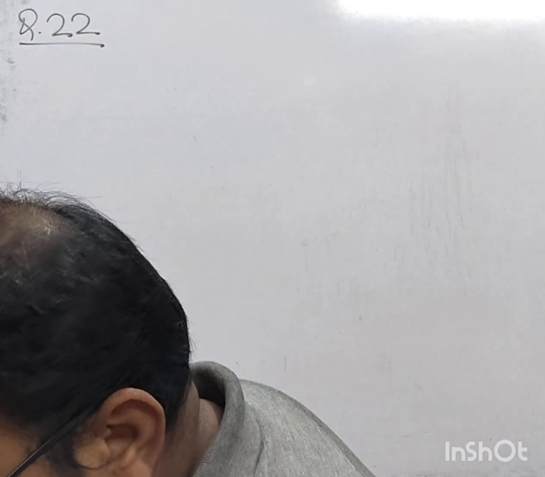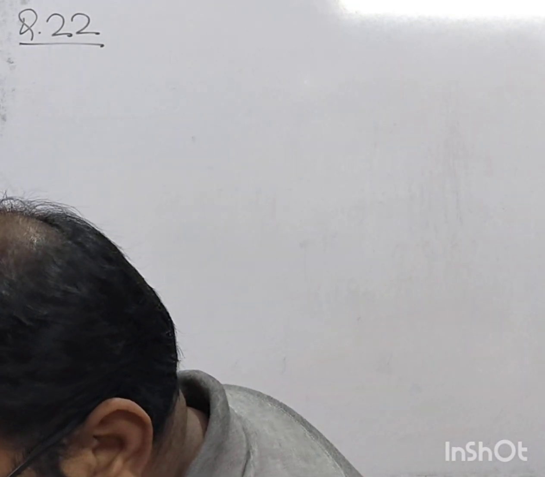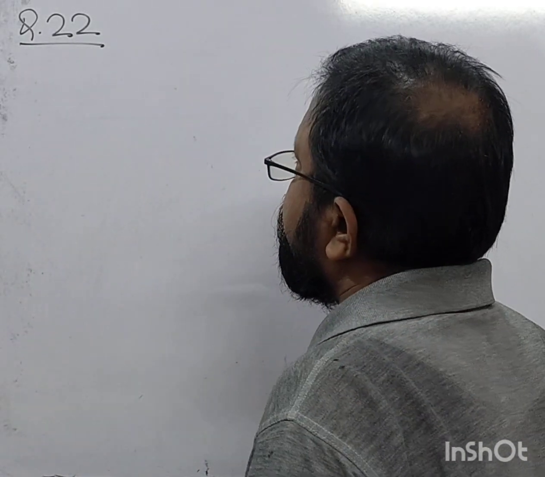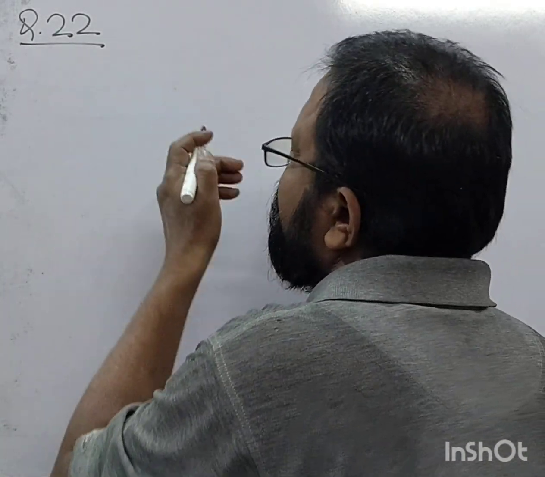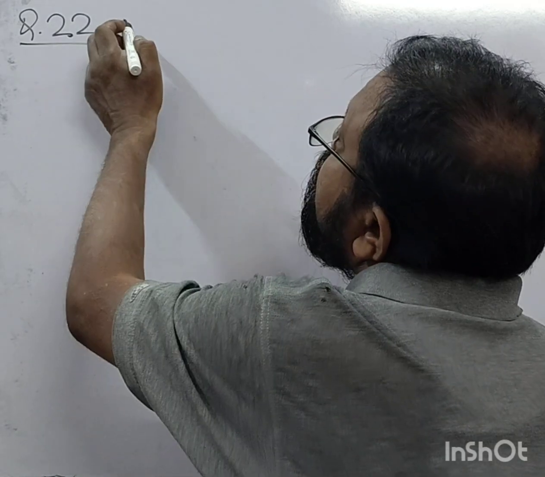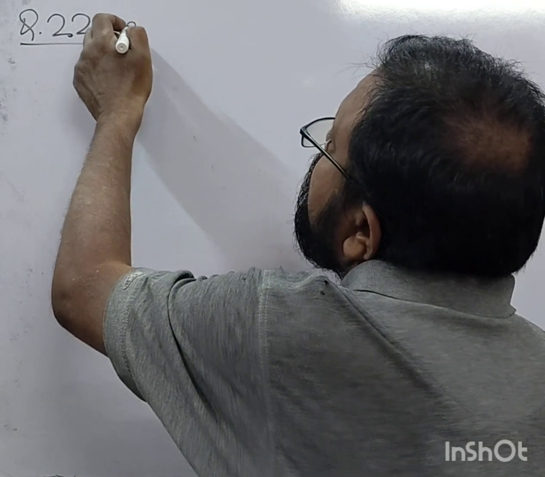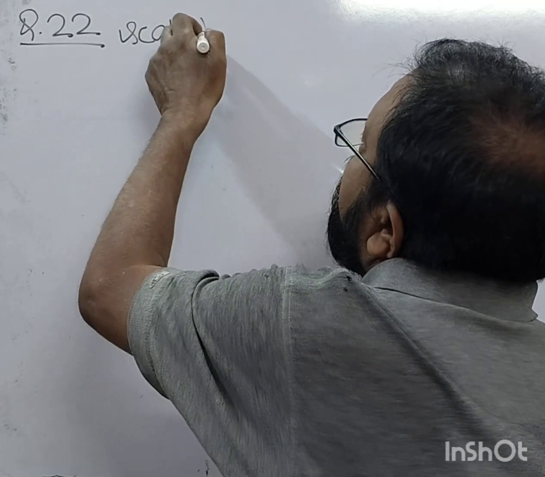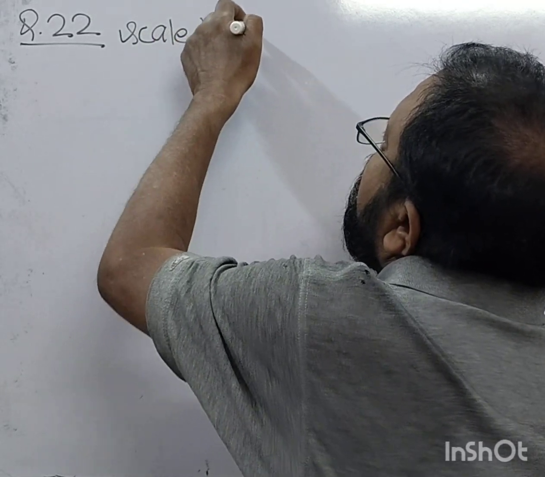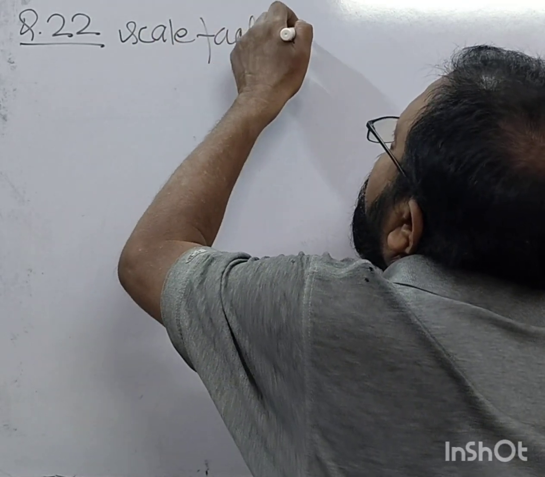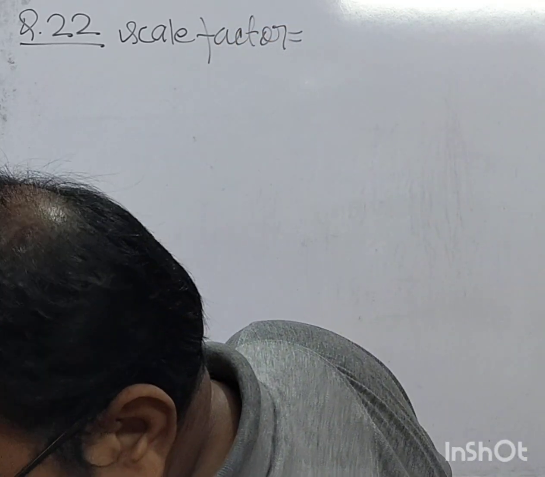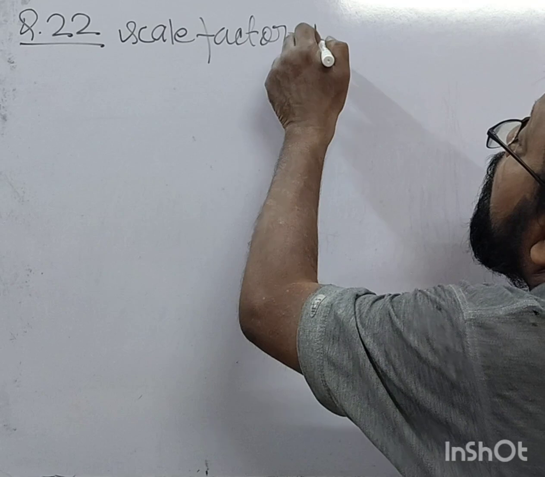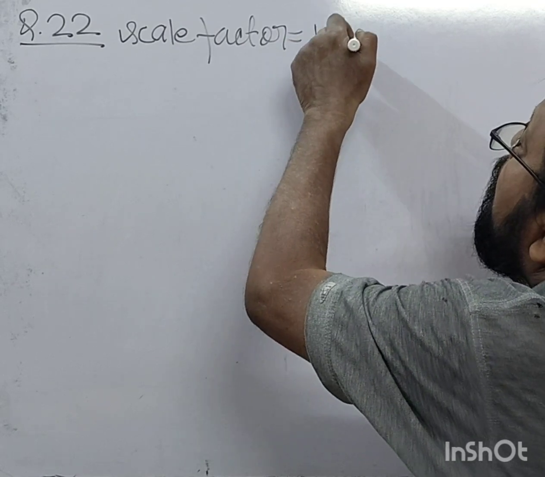The model of a building is constructed with the scale factor. The scale factor is equal to 1:30. Right?